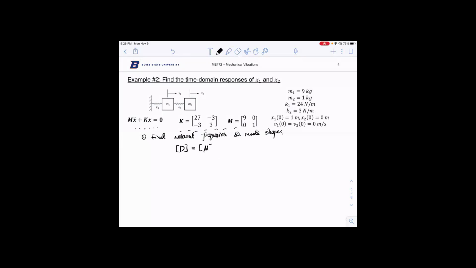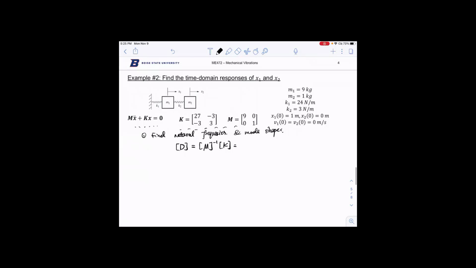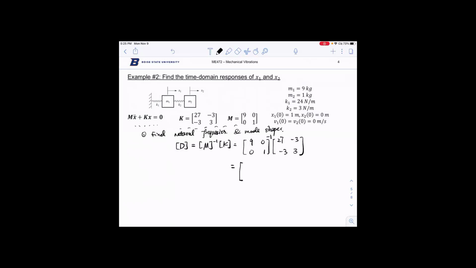The D matrix is just M inverse times K. Your M is [9, 1; 0, 0], your K is [27, -3; -3, 3], and you invert. Eventually, that gives you the D matrix: [3, -1/3; -3, 3].